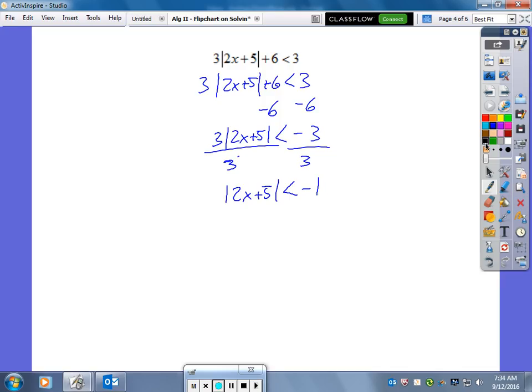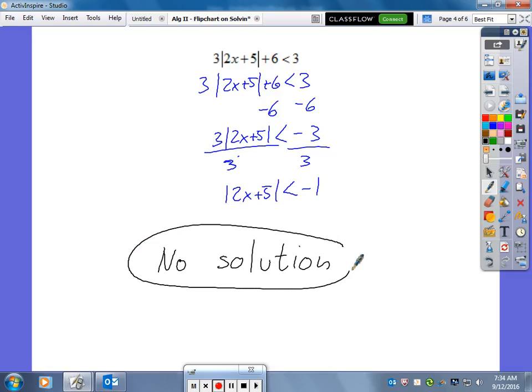Well, that's a good question, isn't it? The answer is there is no solution to this inequality. No solution. Remember, if ever you have an inequality or an equation where an absolute value is supposed to be less than or equal to a negative number, there is no solution.